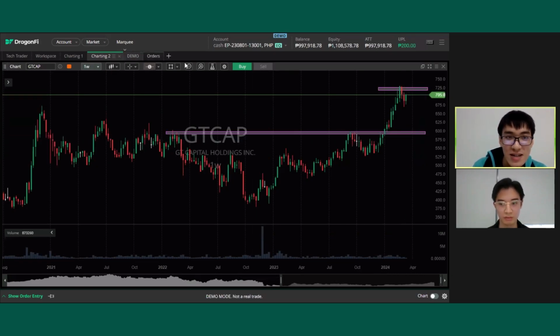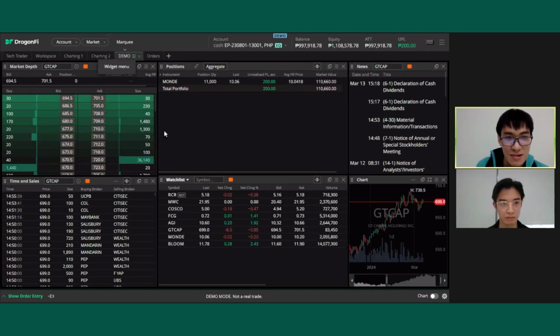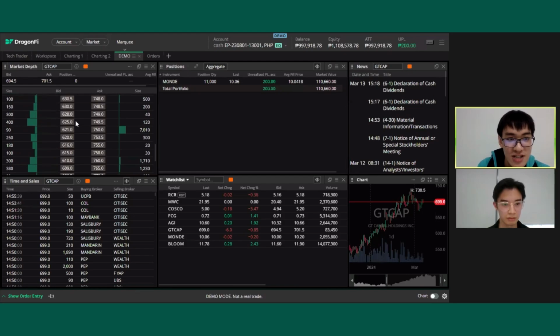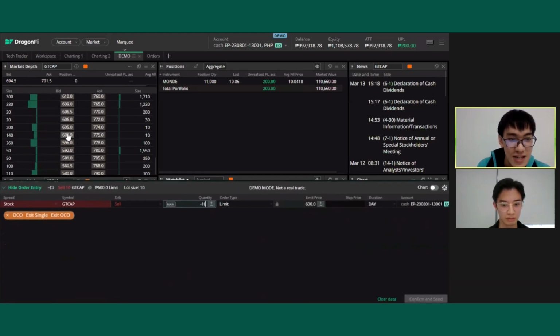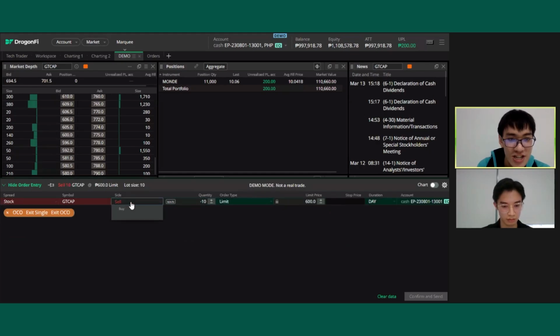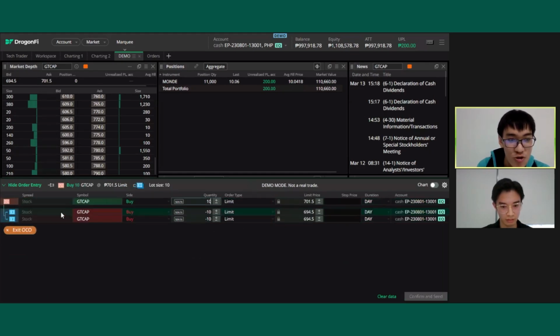So again, you go here. Click where you want to buy it. You can just scroll down the market depth. So click here, 600. You change the side, so it should be buy. You click the exit OCO order. So set your limit buy order at 600.